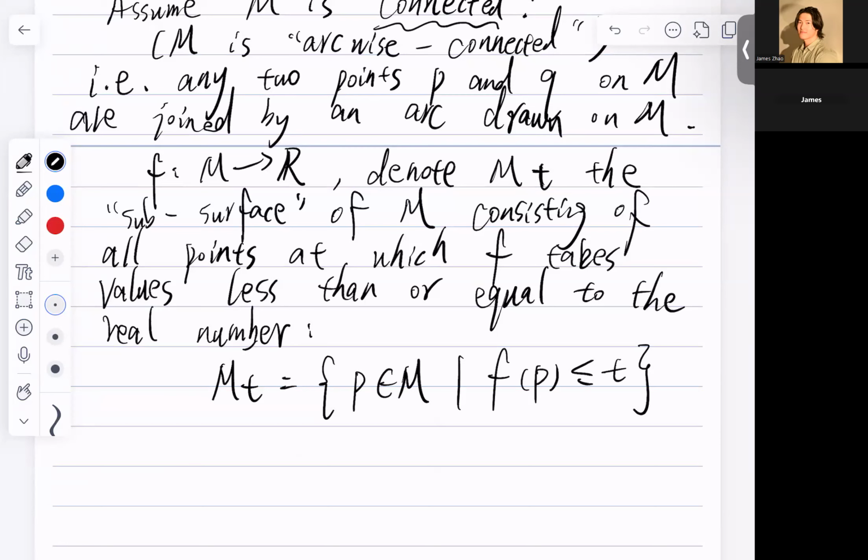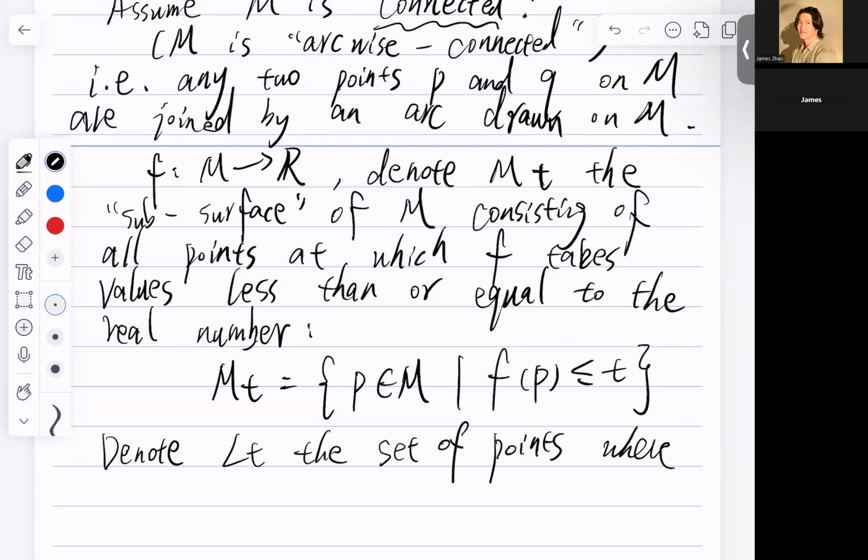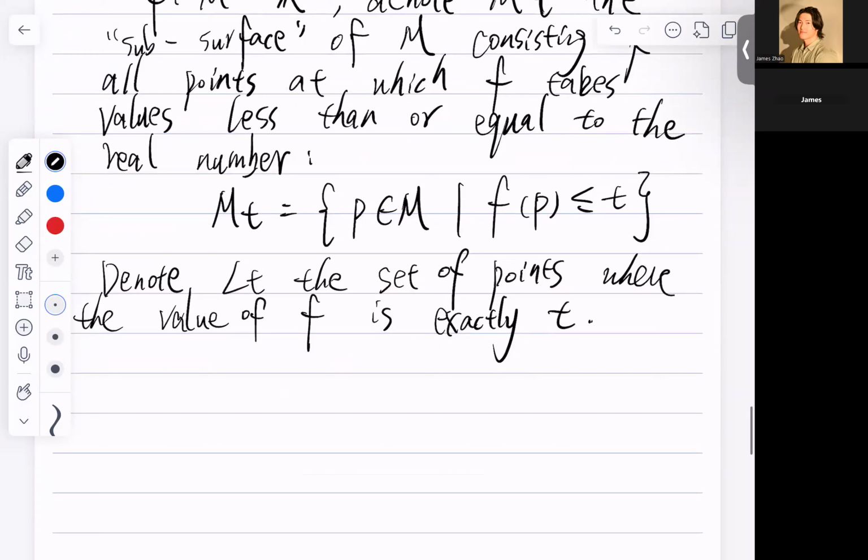Next, we denote LT as the set of points where the value of f is exactly t.